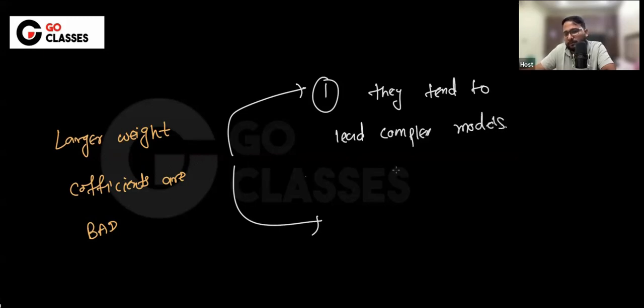Complex models basically learn noise, right? I mean, they're too sensitive to the noise. The second thing is that they're unstable, right?